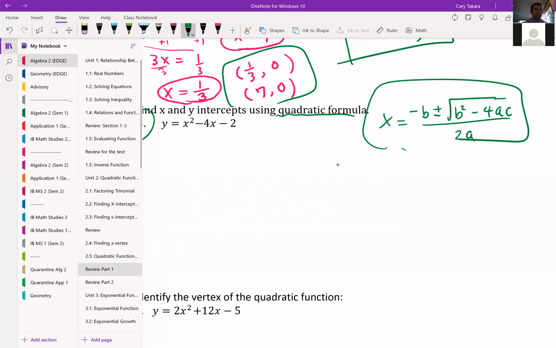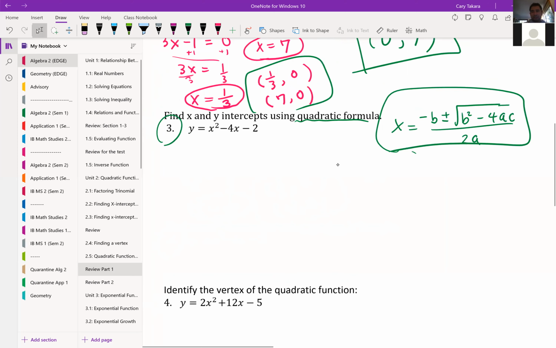I bet some of you have memorized that. You don't have to. So a is 1, b is negative 4, and c is negative 2. And all you have to do is just plug them in into a, b, and c respectively.